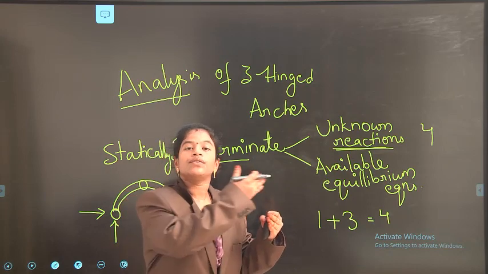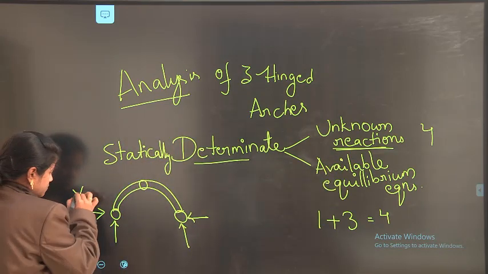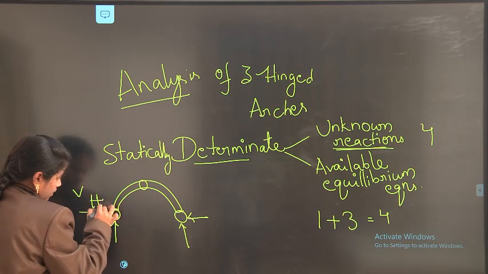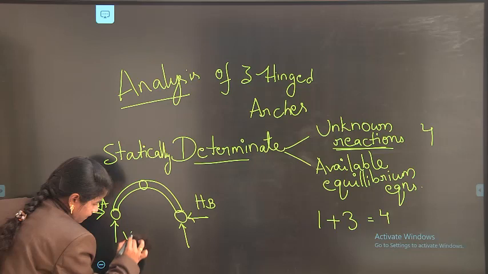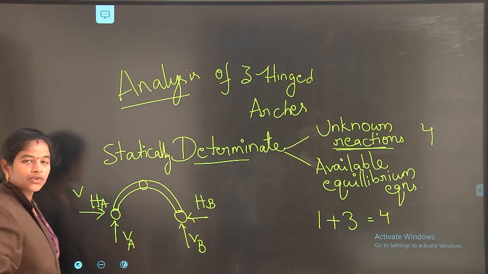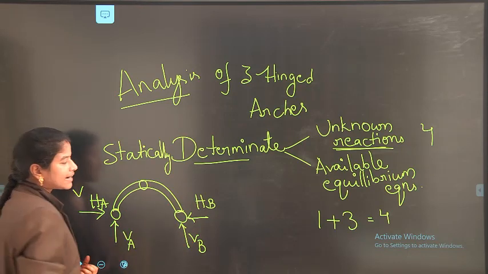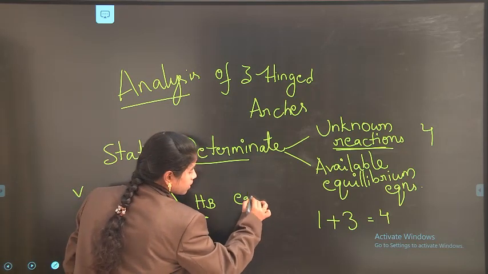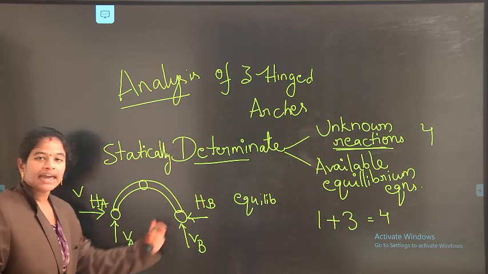Then how will we develop these support reactions, HA, HB, VA and VB? These 4 values need to be calculated using equilibrium conditions. How will we calculate the two vertical support reactions VA and VB?